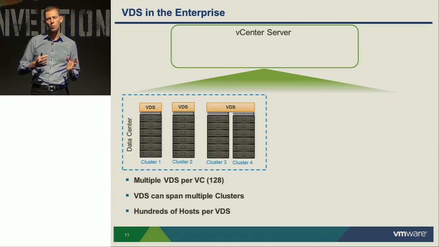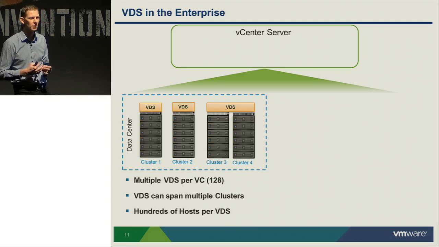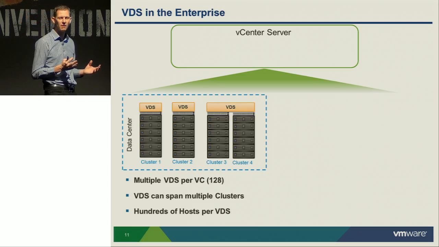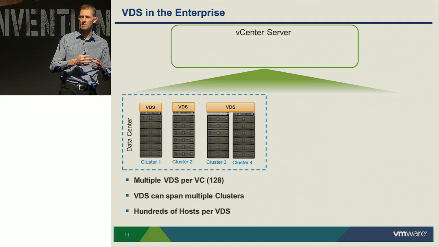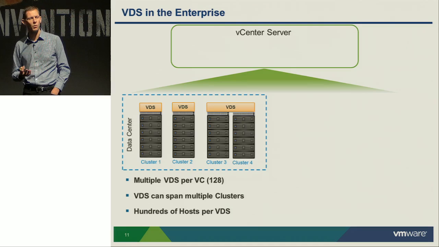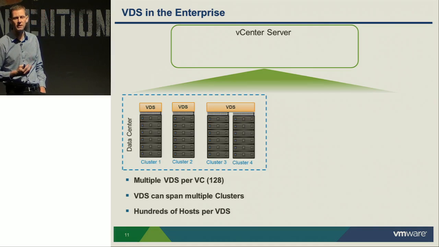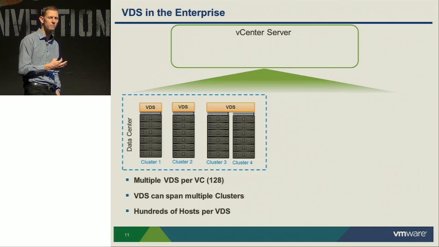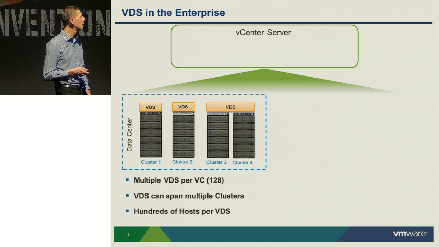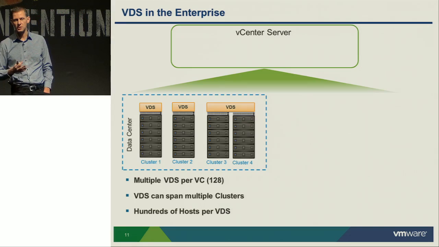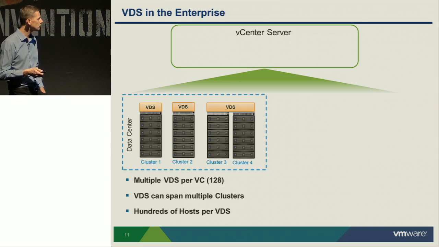Now, with the scalability, being able to go up to 1,000 hosts, there is really not any requirement to do that. Probably the most beneficial way of installing it is to have just one VDS if you can, so stretch one VDS across all of your clusters. But we do have the ability to separate them as well.